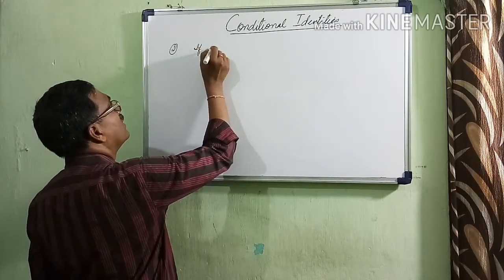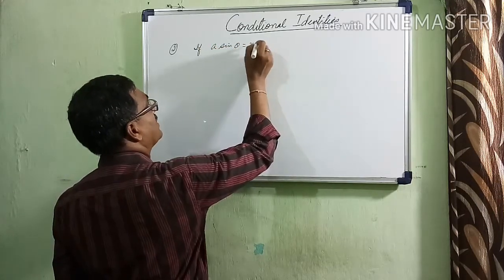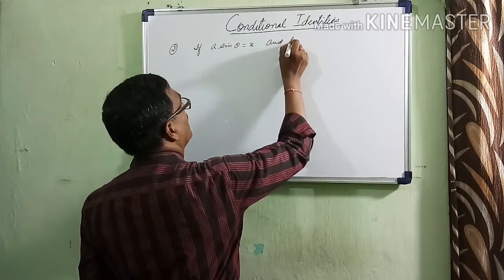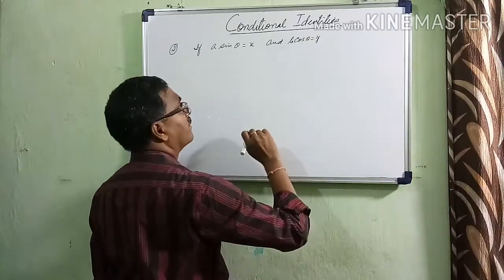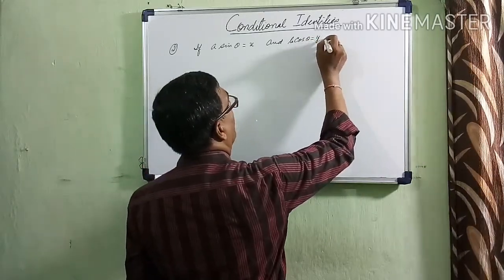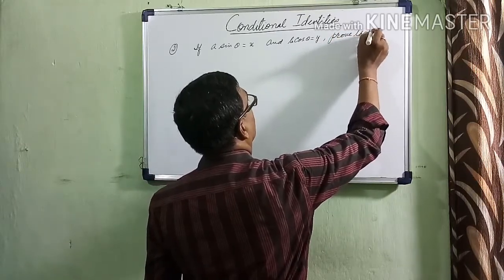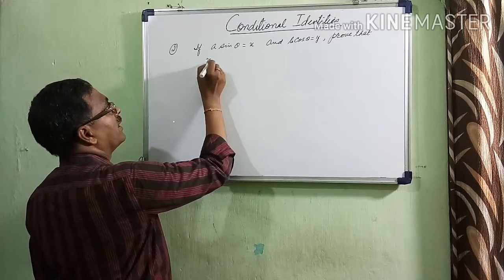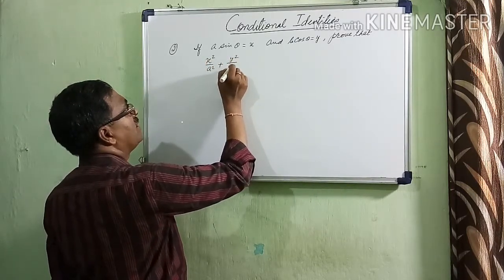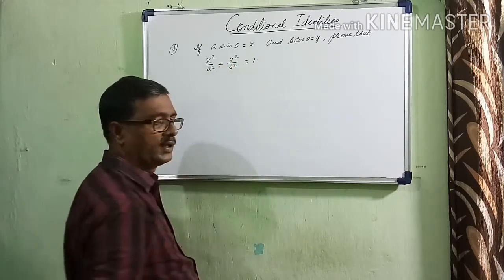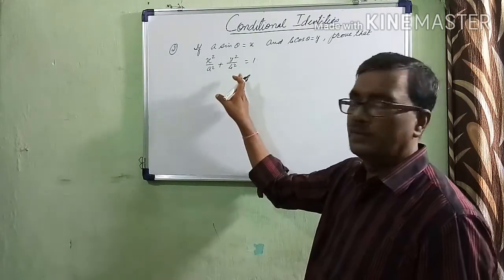If a sin theta is equal to x and b cos theta is equal to y, prove that x square by a square plus y square by b square is equal to 1. Here, the question is similar, but slight changes are there.